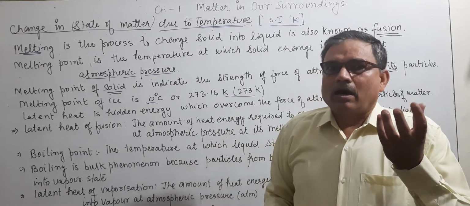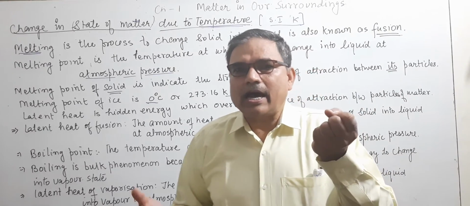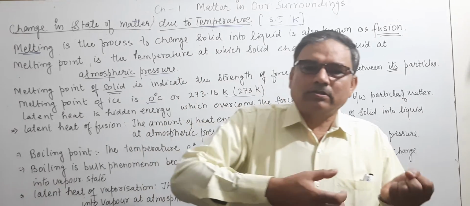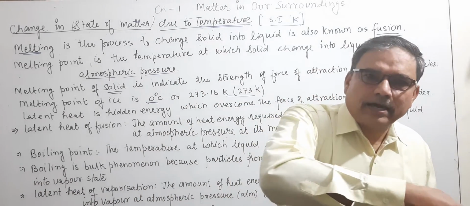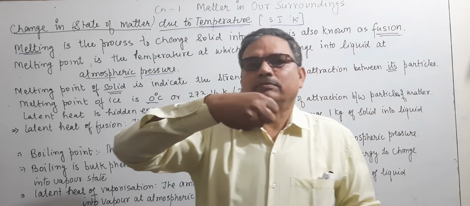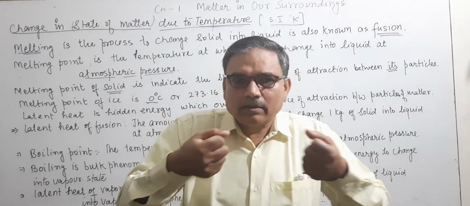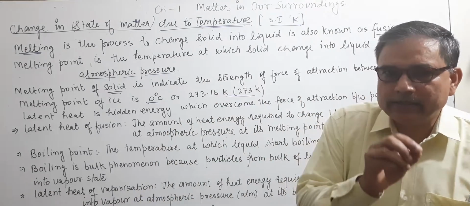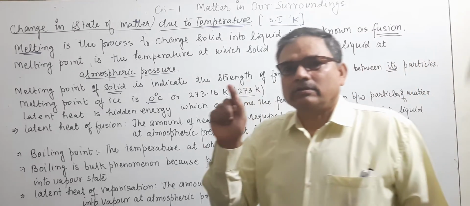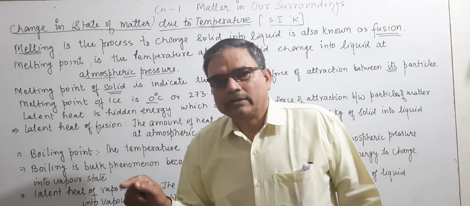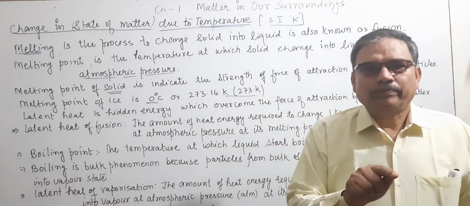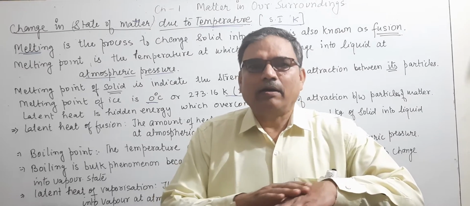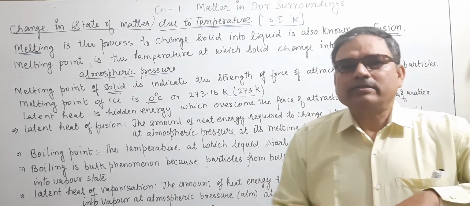That means ice has less energy as compared to water at the same temperature, because heat is absorbed by ice to overcome the force of attraction of its particles. So the heat energy in ice is less than the heat energy of water at the same temperature. Therefore we feel cold when we put ice on our palm, on our hand, as compared to water.